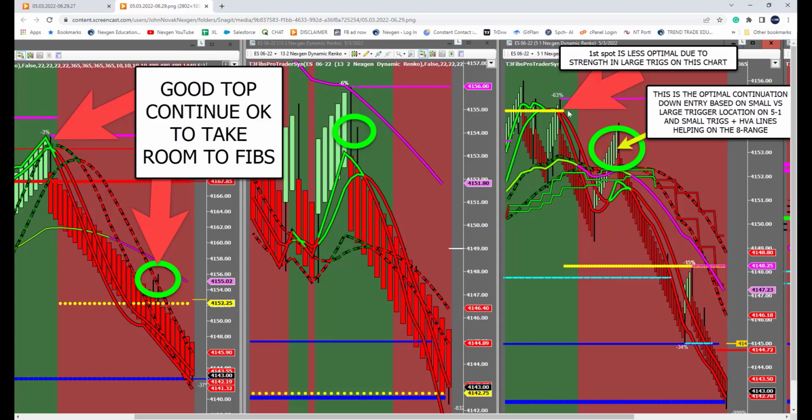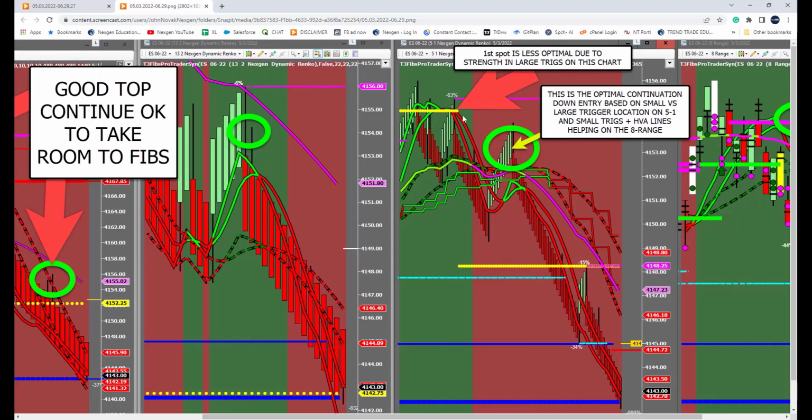So, this one's optimal because it's really close to the top, and you make a lot more money. If you want to add in a second layer to it, wait for the small triggers to get below the large triggers, and then you can sell a pullback. I wouldn't say any of them are safer than any others.